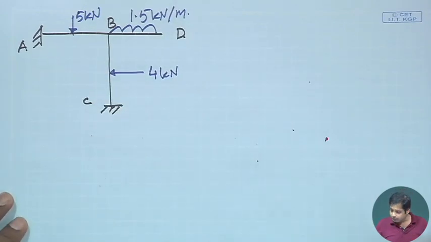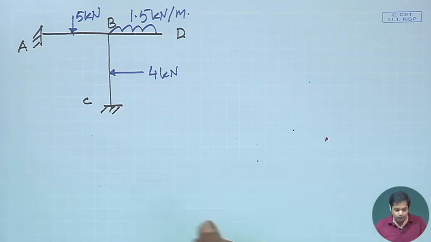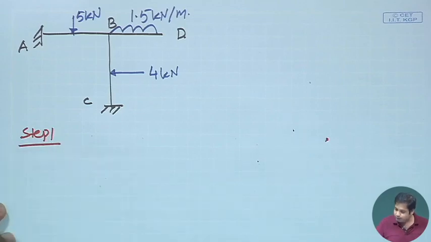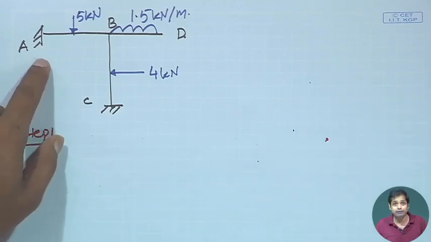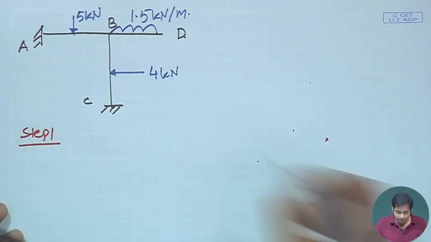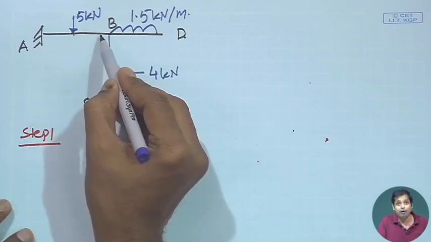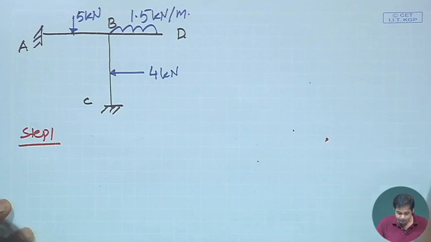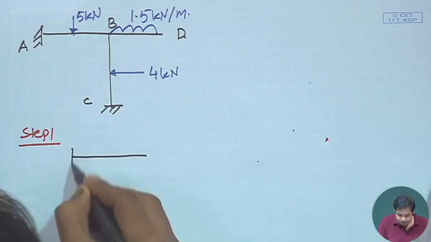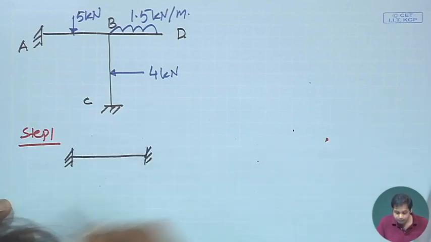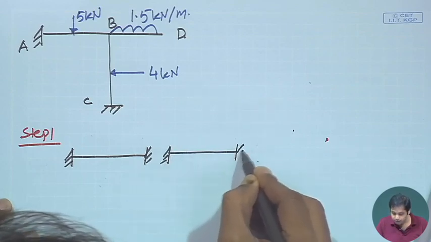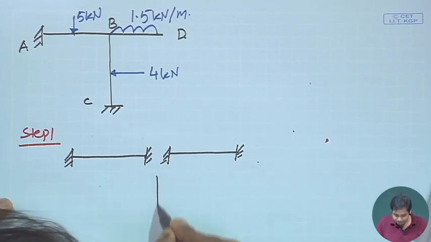Now, the first step, as we know, is to find out the fixed end moments. Now, what is the fixed end of AB? So, the primary structure becomes like this: AB becomes this, then BD becomes this, and then CD.